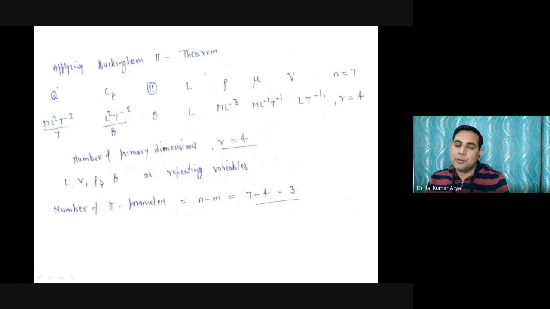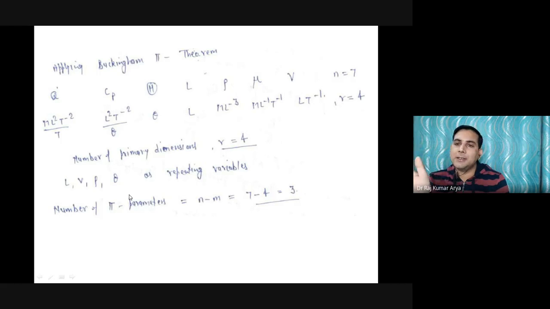Some person will say, okay, I will take 3. You take the 3, no problem, it will serve your purpose. Why would these 3 not serve your purpose? You have to choose the repeating variables in such a way that all primary dimensions are involved at least once, in least power.